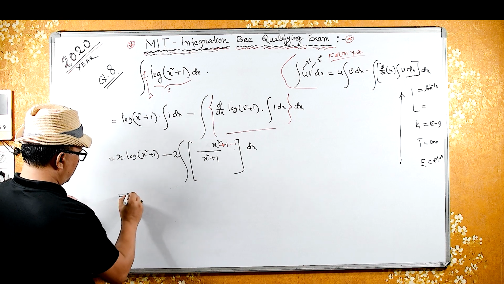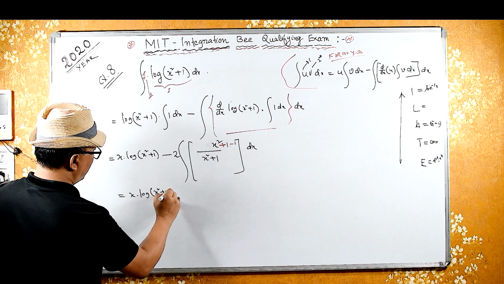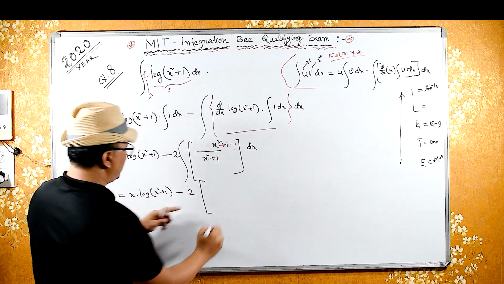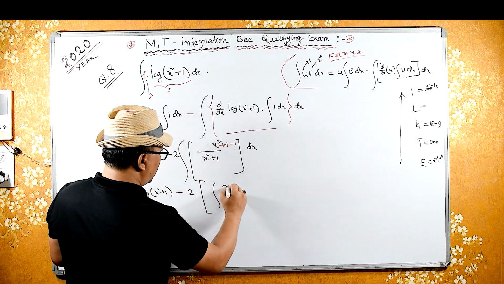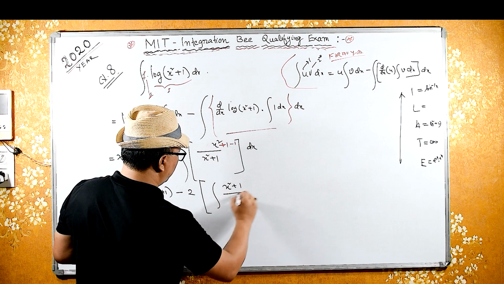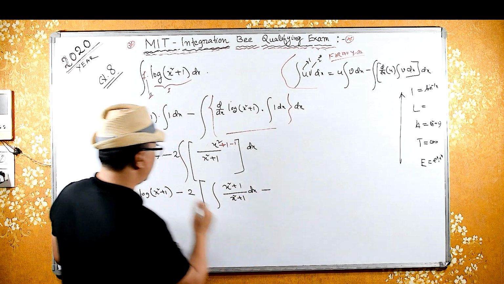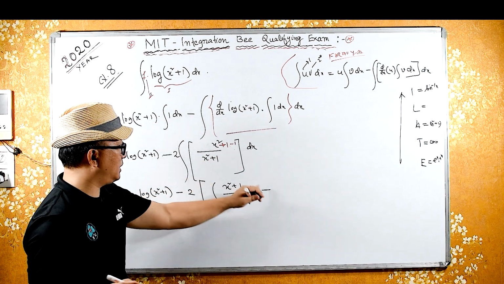This equals x into log of x square plus 1 minus 2, minus 2 is outside, integral of this upon this. Here x square plus 1 upon x square plus 1 dx, minus is outside. I am keeping it as it is. This minus is this minus.